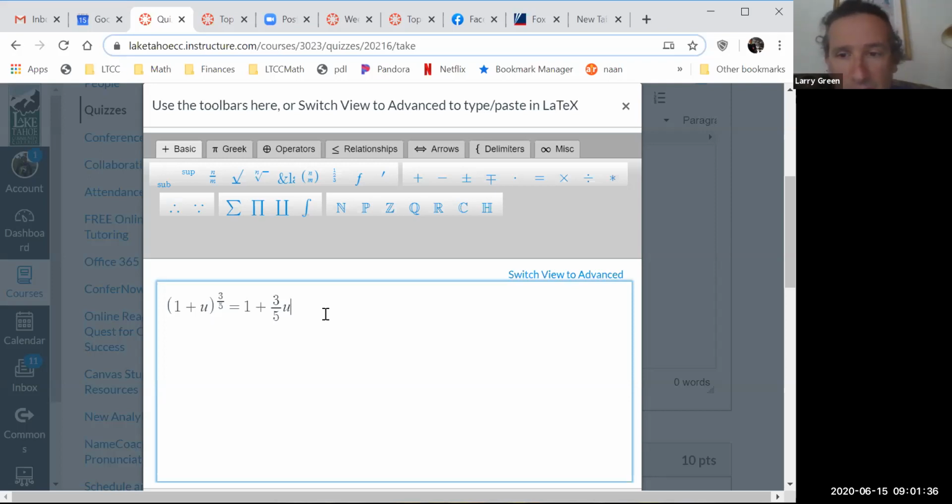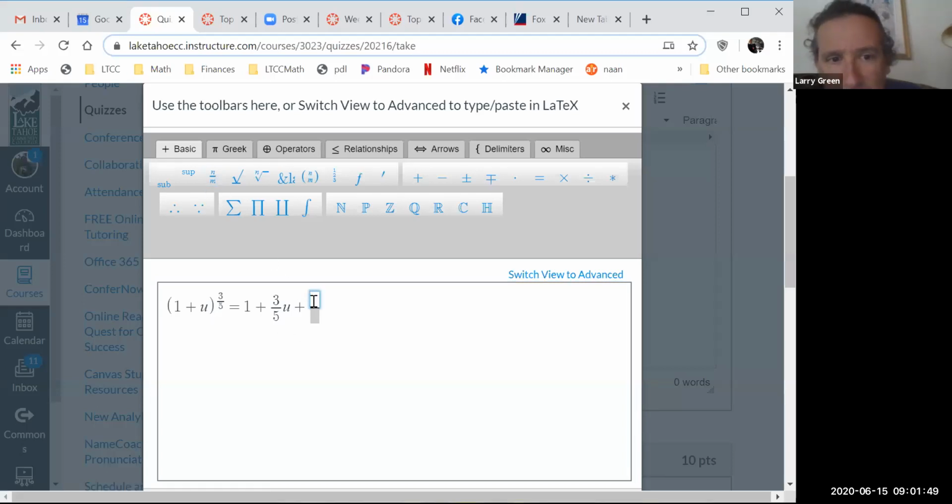Any questions so far? Okay, what's the next term? So plus, there's going to be a u squared. It's not -2/5 only, because it's r times r minus 1. And r is 3/5, times, and then r minus 1 is -2/5.